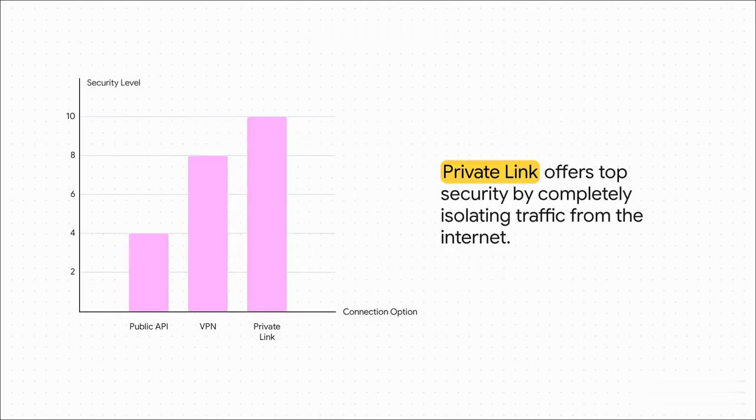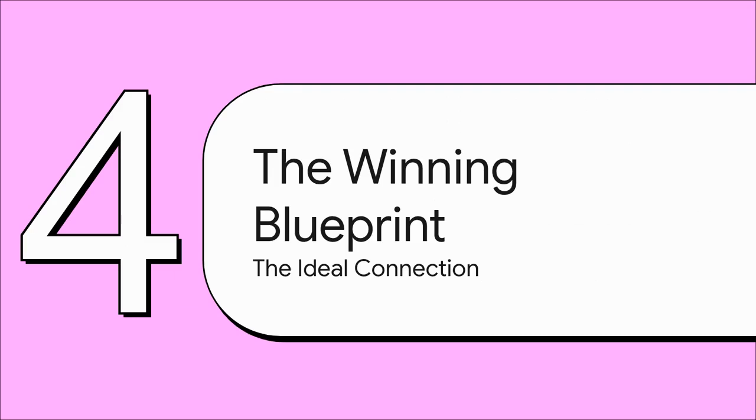This chart really just hammers that point home. If your absolute number 1 do not pass go requirement is to keep your traffic completely off the public internet, then Private Link is just in a class of its own. It's the closest thing you can get to a physically air-gapped connection, which is exactly the kind of ironclad assurance a company like Titan Corp demands. So after weighing all the evidence, after looking at all the charts and the trade-offs, our architect has a clear winner.